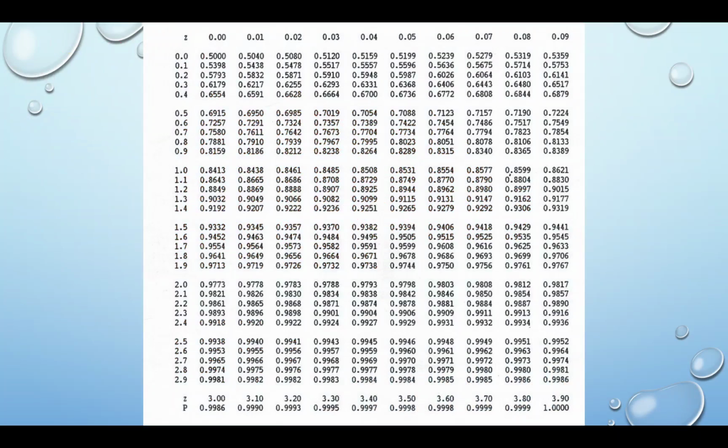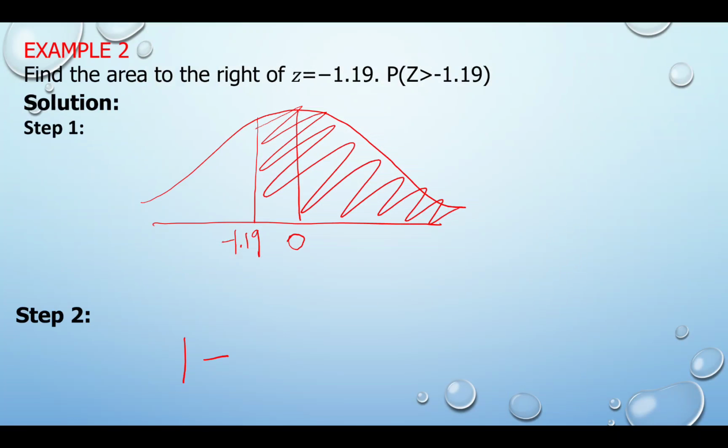So, yan, tingnan natin. Okay, negative 1.19, kapag tinignan natin yan dito sa kabila, itong area nito, symmetrical siya, positive 1.19 yan. Kunin lang natin yan. Kasi according to the rule earlier, pwede natin kunin yung ating positive 1.19 na lang.